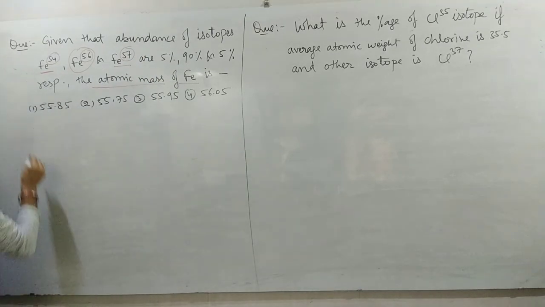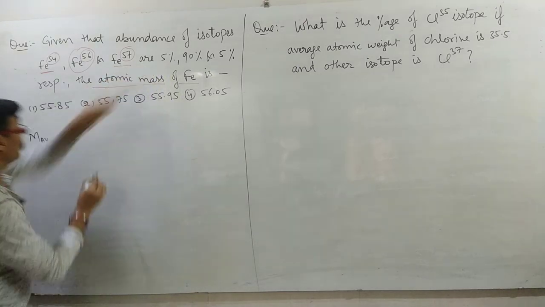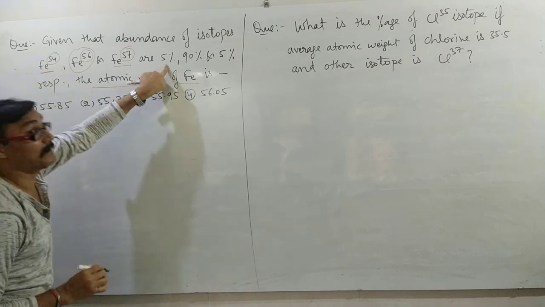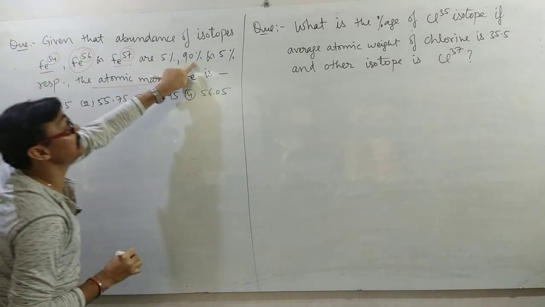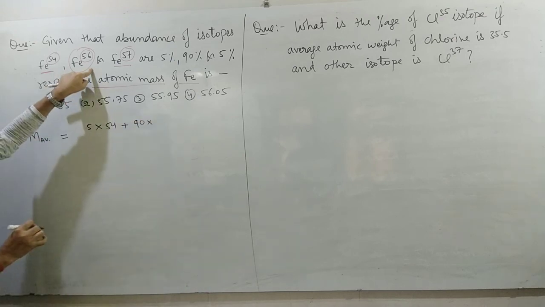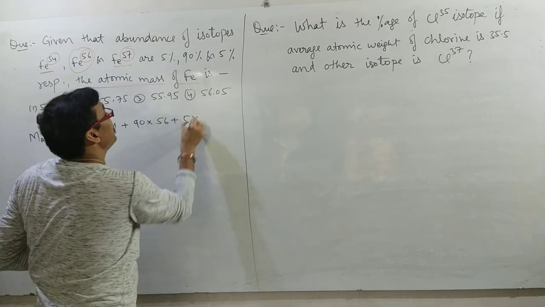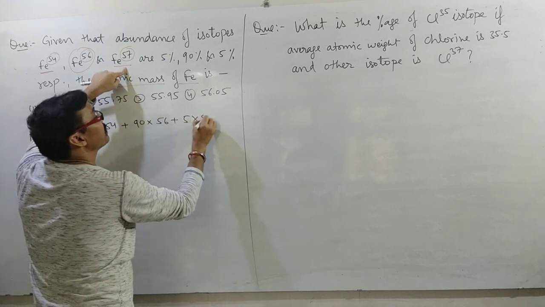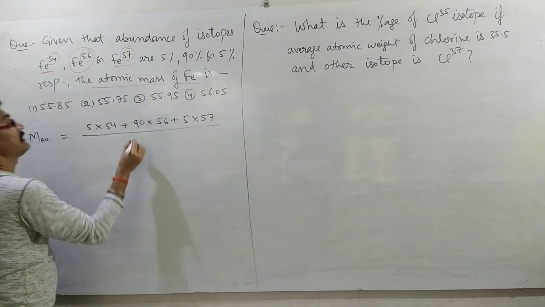So, according to the formula, average atomic mass is equal to percentage abundance of one isotope, that is 5%, multiplied by its atomic mass 54, plus percentage abundance of another isotope 90% multiplied by mass of that isotope 56, plus 5 into the abundance of this isotope 5 and atomic mass 57, divided by the total 100.